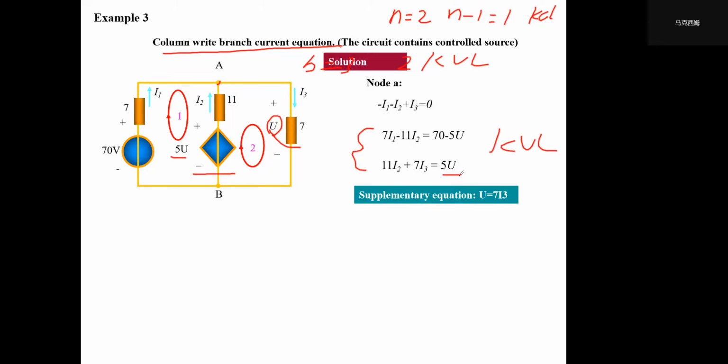We also know that U equals the current I3 times the resistance of 7 ohm.